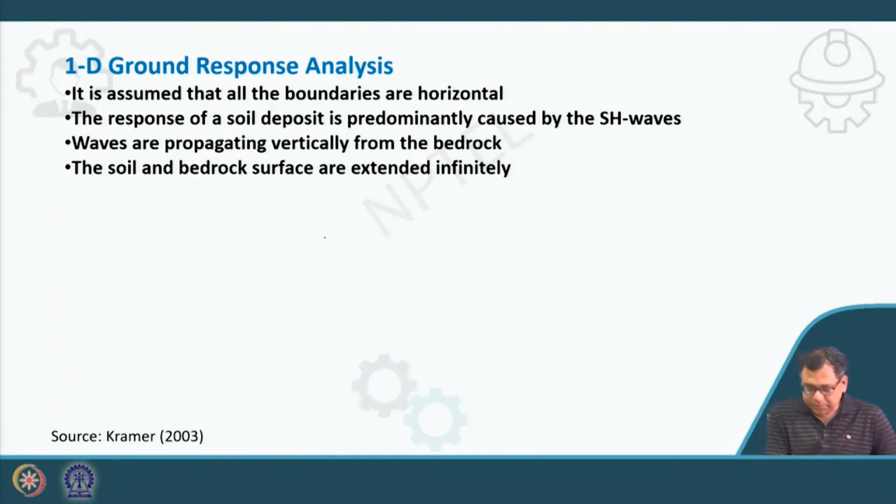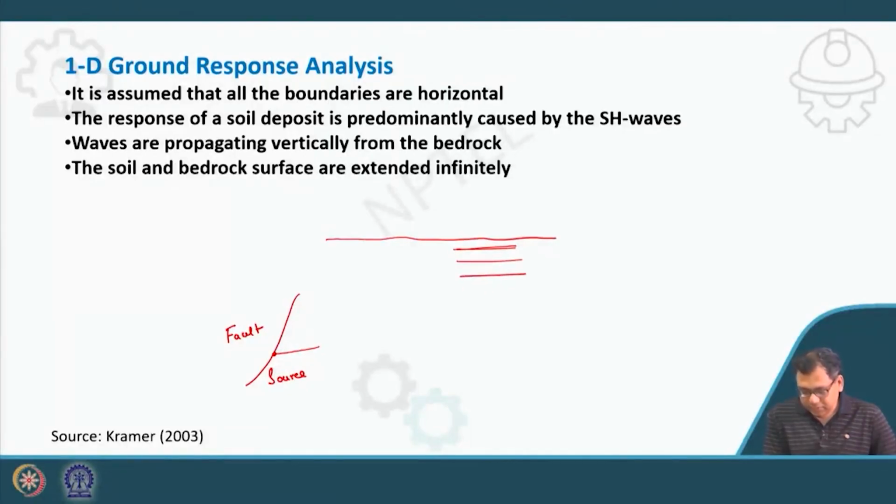Suppose this is your ground surface, this is a particular fault, and this is the source of the earthquake. The wave will travel, and near the surface there are different layers, so there will be reflection and refraction.